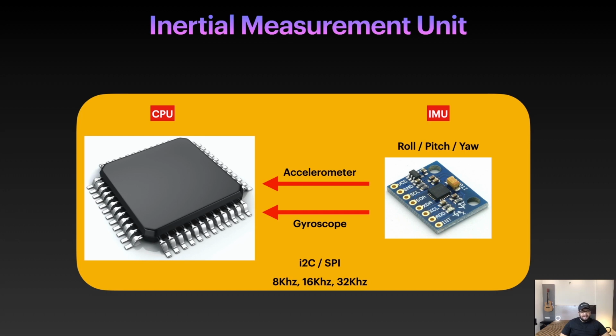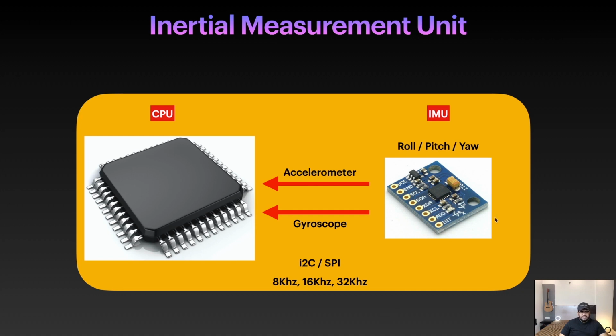And the data rate at which they can send data is, let's say, 8 kilohertz, 16 kilohertz, 32 kilohertz. That means it's sending 32 times 10 to the power 3, I guess 32,000 values per second. So that is how much data it's sending in 1 second, 32,000 different values of yaw, pitch and roll. So you can imagine a lot of data and a lot of computation is required.